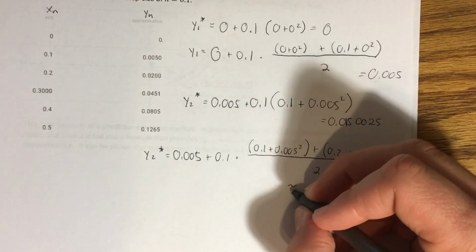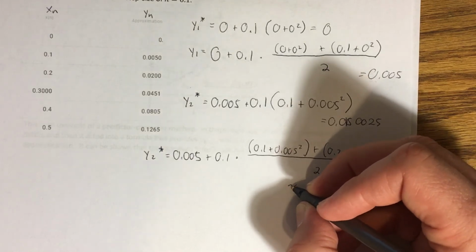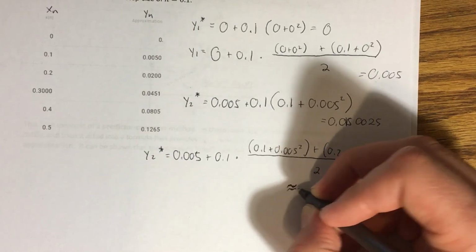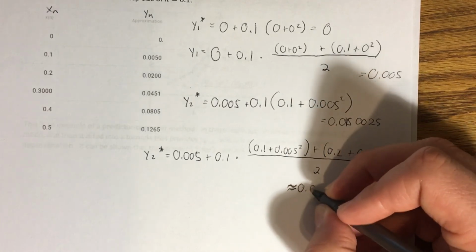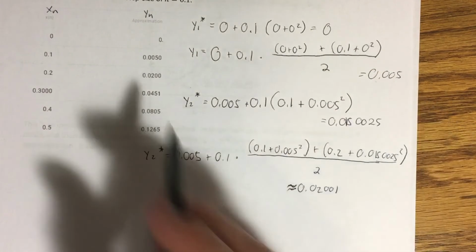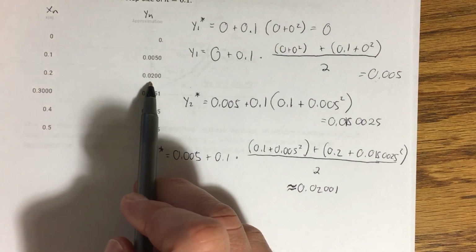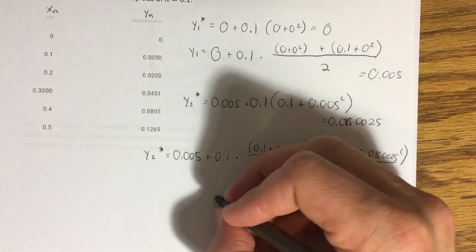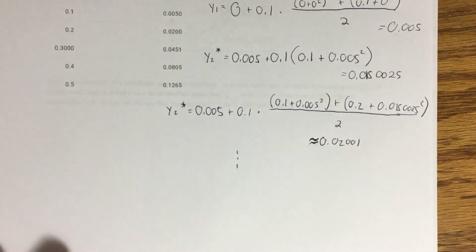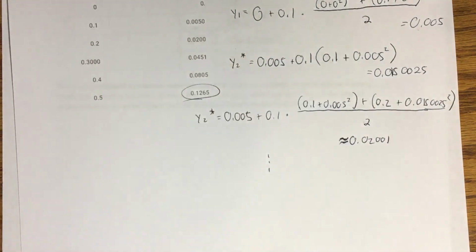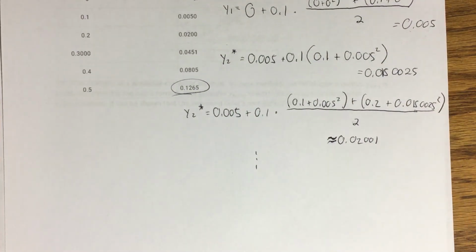Okay, that comes out to a value that's approximately 0.02001. This table rounded it to just 0.02, but you would continue this until you eventually get to this entry in the table. Okay, and that's going to be our answer.